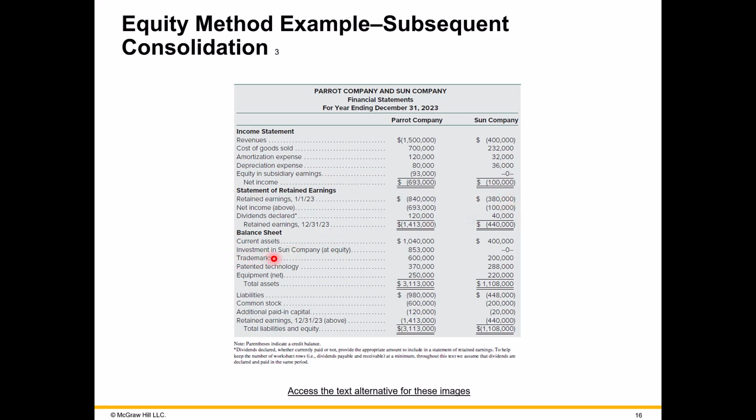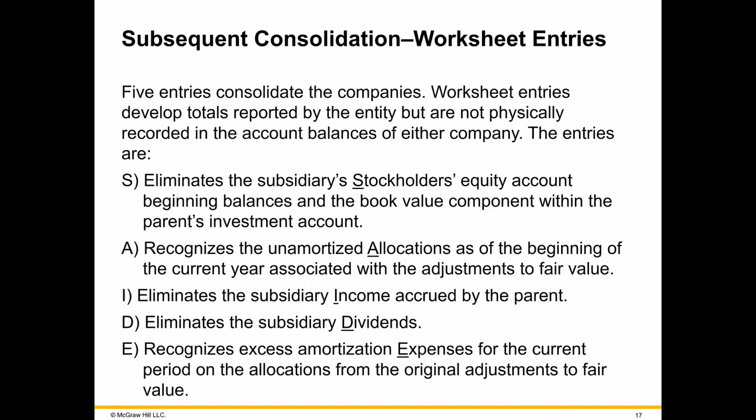Remember, investment in the sub on the records of the parent. This is what we're trying to reduce to zero. So after that first entry S, it's still not going to be reduced to zero, but we're going to be getting there after a couple more entries, which the next entry is this A.